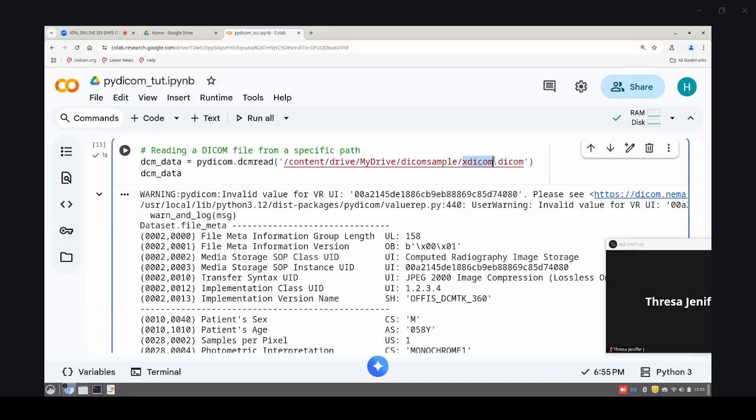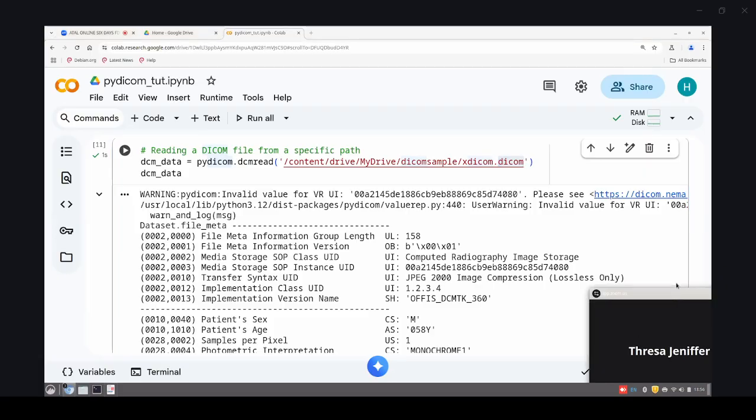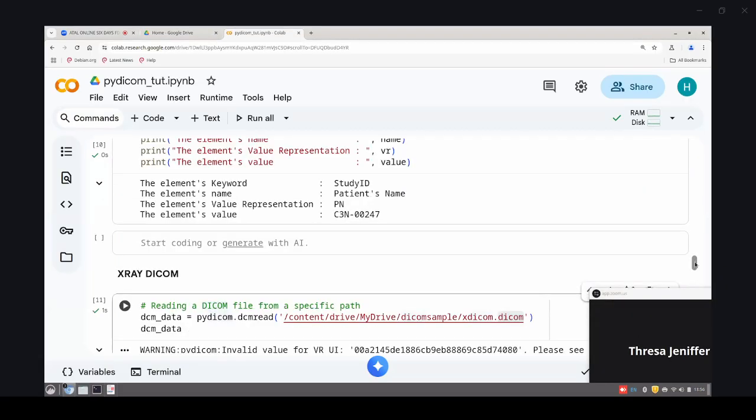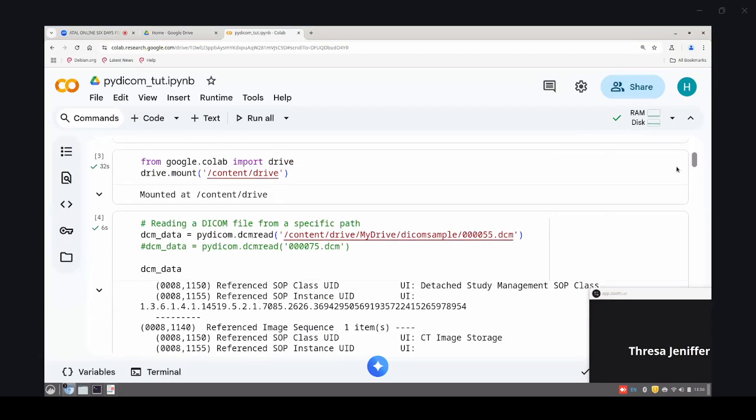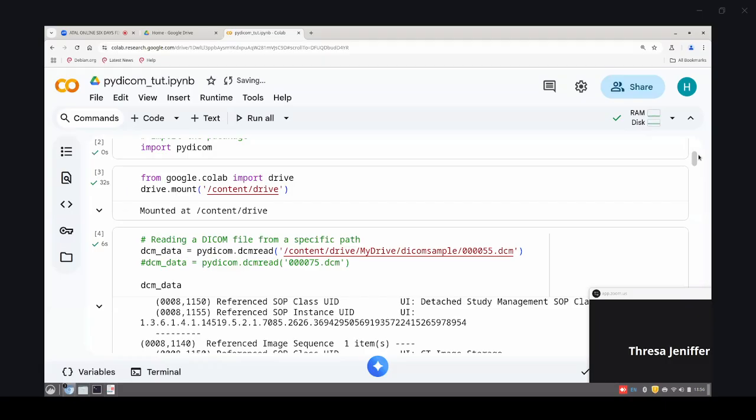So in PyDICOM, the extension of the file is DICOM. Earlier the file you saw had the extension DCM. So there are DICOM files with DCM extension and DICOM extension.